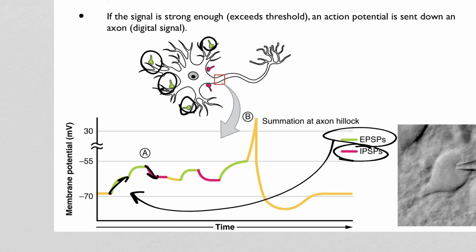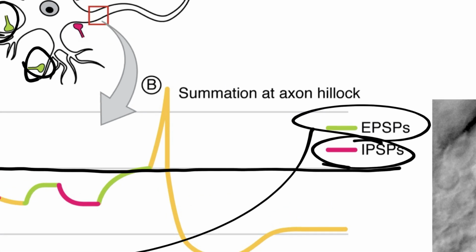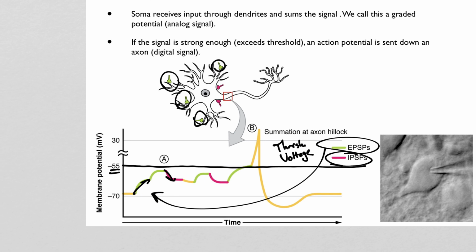Further away from threshold. This value, they're showing it as -55 on the graph. This line, right, is what we call threshold. And if you're technical about it, we really call it threshold voltage because this line is being measured on the y-axis. And the y-axis is membrane potential, which is measured in millivolts. For right now, the way to think about this is threshold is the amount of voltage that you have to reach in order to trigger an action potential.